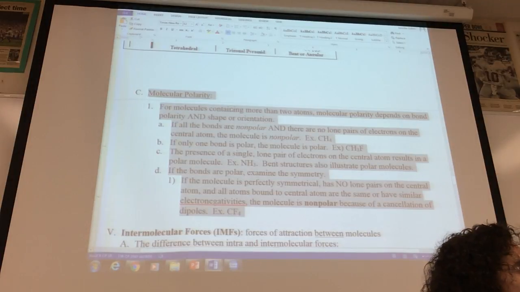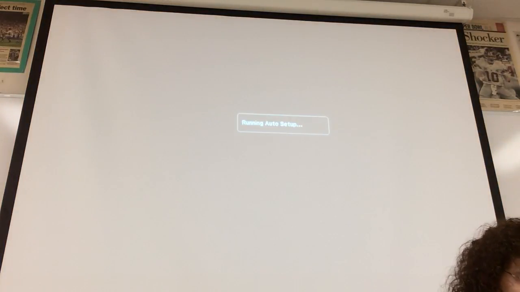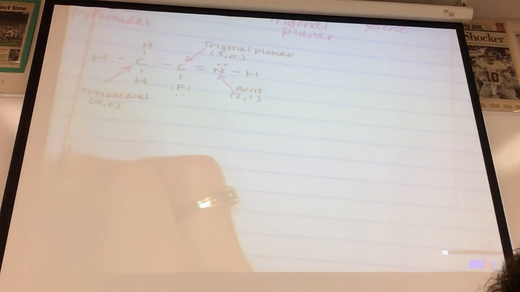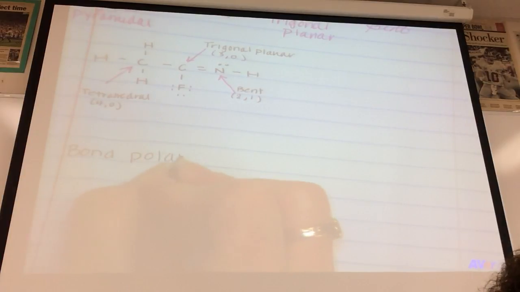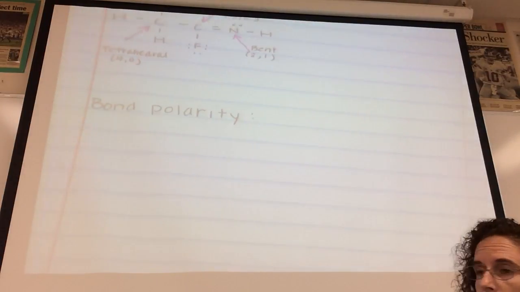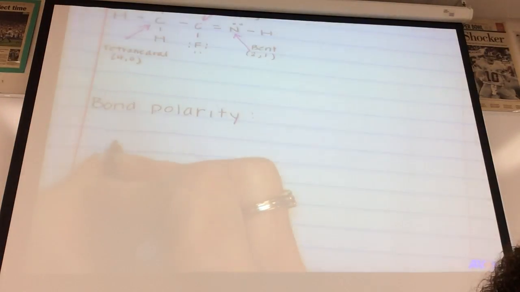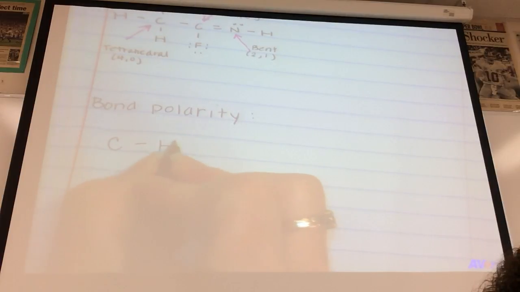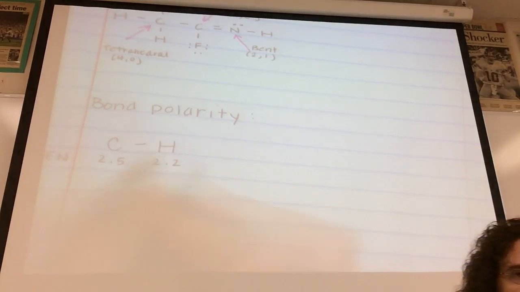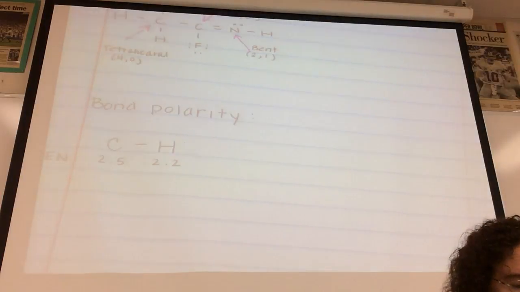All right, we talked about bond polarity already. This was at the beginning of the lesson, and we said, for example, with covalent bonds, the bond can be nonpolar covalent or polar covalent. So this is just a review of what we did previously. A C to H bond, we can get the electronegativities of these elements from the back of the periodic table, just like you did in number 1 in your classwork.